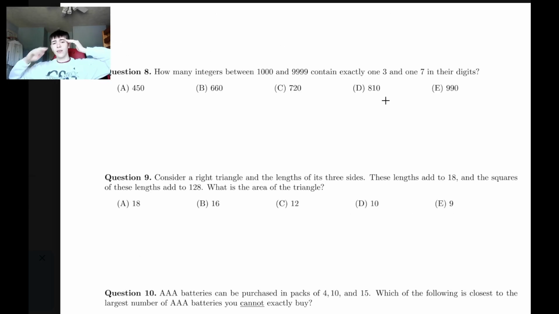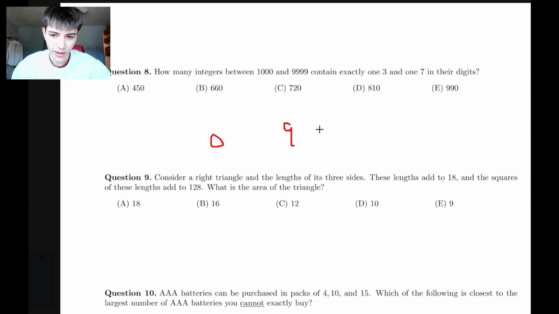Okay, number 8. How many integers between 1,000 and 9,999 contain exactly 1 3 and 1 7 in their digits? Okay, so I wish this was a different kind of problem. I wish it was the integers from 0 to 9,999.